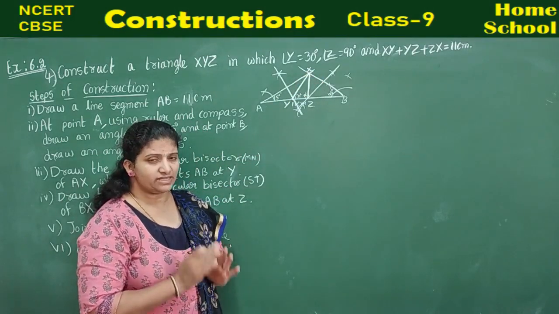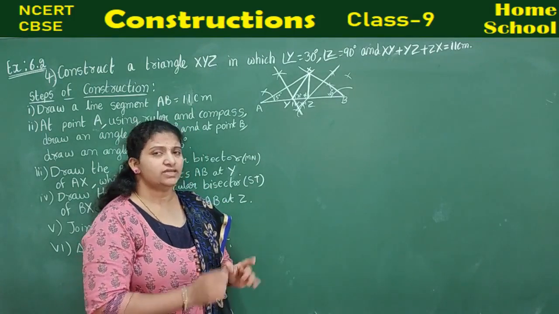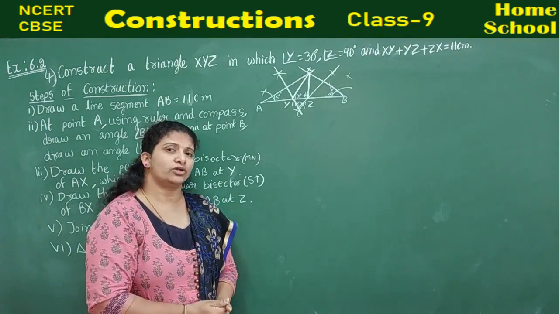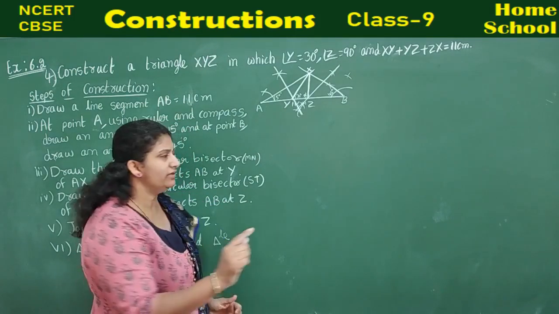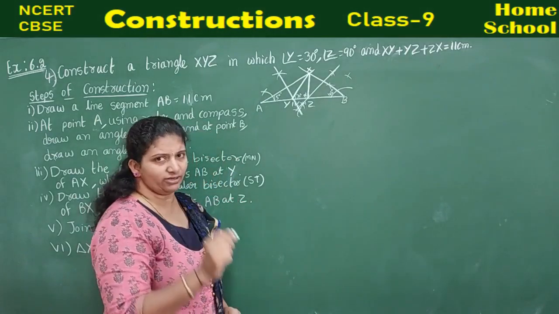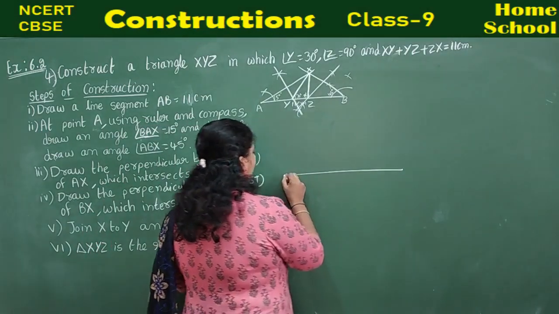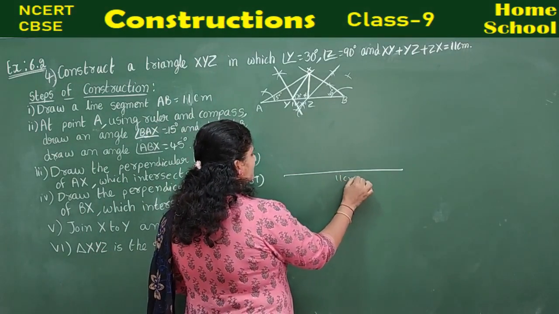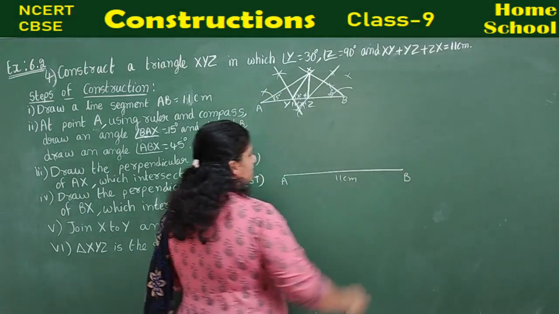Okay, so once again understand the concept carefully. First, the sum of all side length what you have, 11 centimeters. Draw a line segment. So again I am doing a rough figure only. Try to understand carefully. Draw a line segment 11 centimeters. Other than XYZ, mark other letters AB.